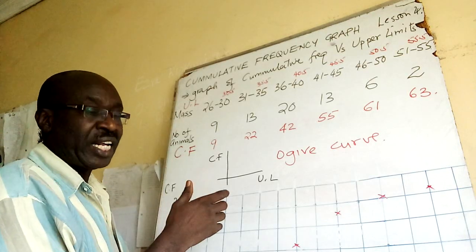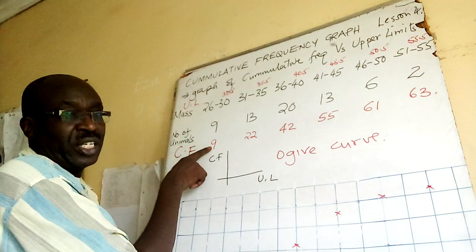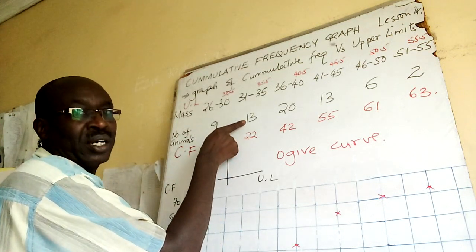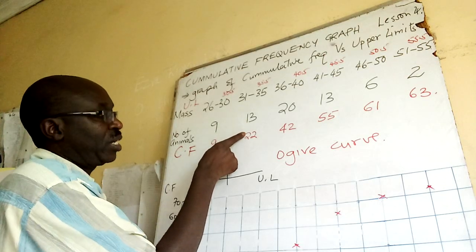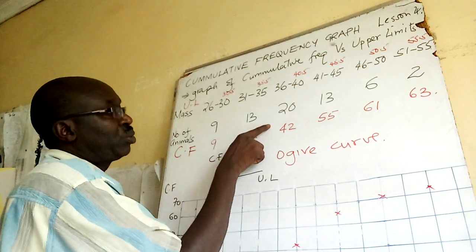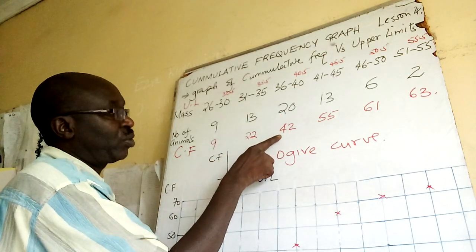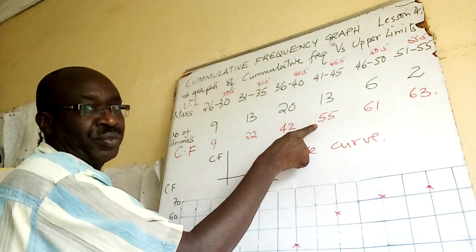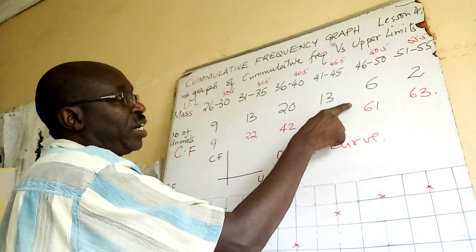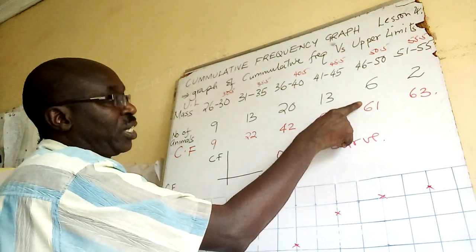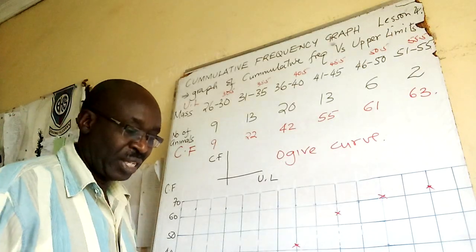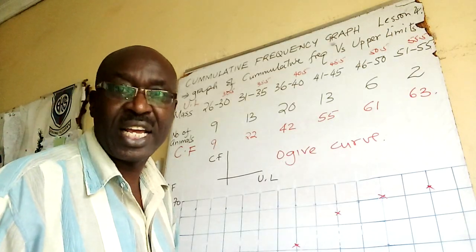You keep on adding. The first frequency is 9. From 9, we add 13, you get 22. To 22 we add 20, you get 42. To 42 you add 13, you get 55. To 55 you add 6, you get 61. To 61 add 2, you get 63.